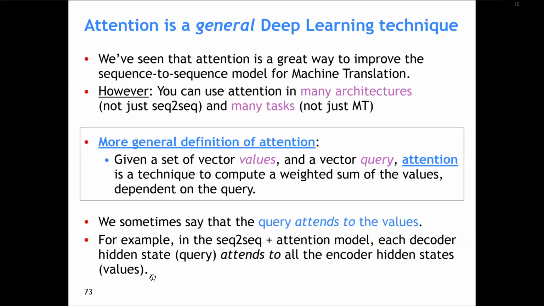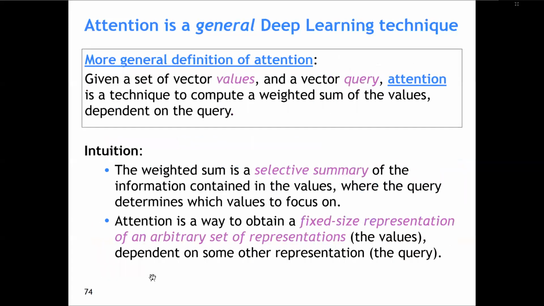For any attention, you need to figure out what the values are that you want to attend to and what the query is. The weighted sum is a selective summary of the information in the values, and it's dynamic, which I think is the cool part. You always have a dynamic representation of the most relevant information from the source for your prediction.